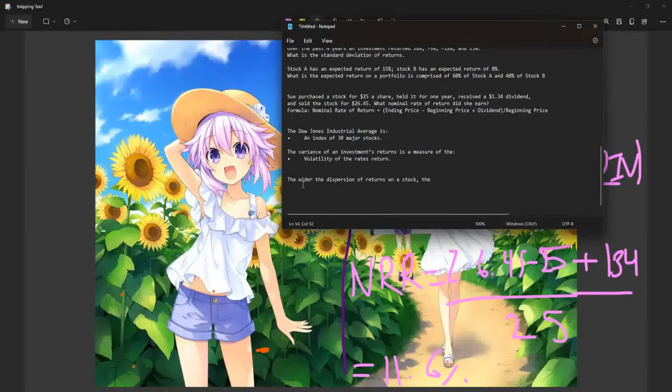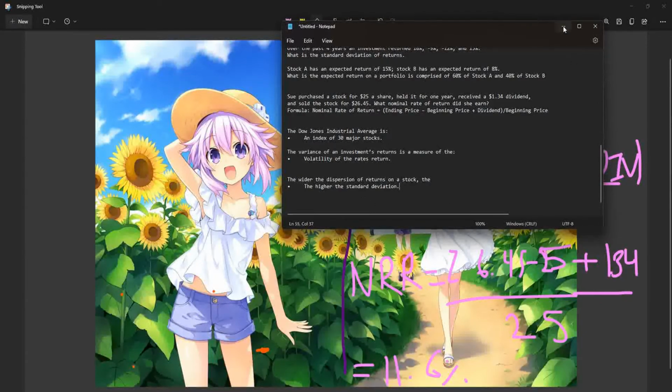The wider the dispersion of return on a stock is the what? You don't know? The higher the standard deviation. So the wider the dispersion of return of a stock, the higher the standard deviation. In essence, if you imagine a box and whiskers plot, this makes sense.